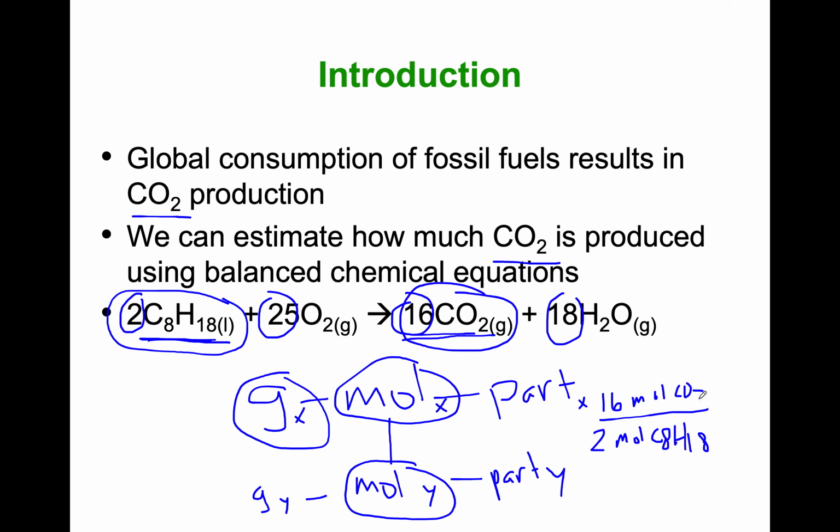So really we're not adding anything new on this slide. You've done mole ratios, you've done grams, moles, particles, you've converted that to grams, moles, particles of something else. Now we're just looking at it in light of a balanced chemical equation.